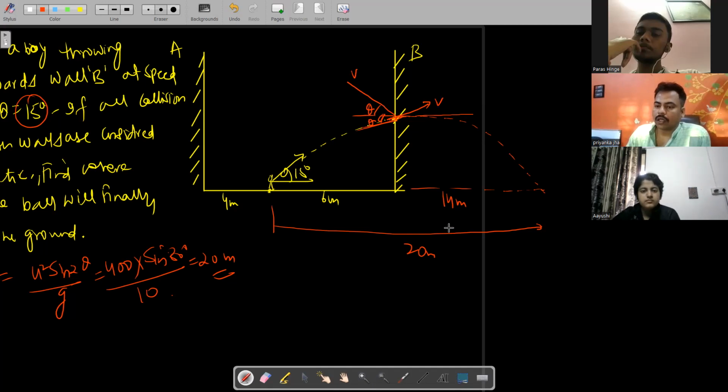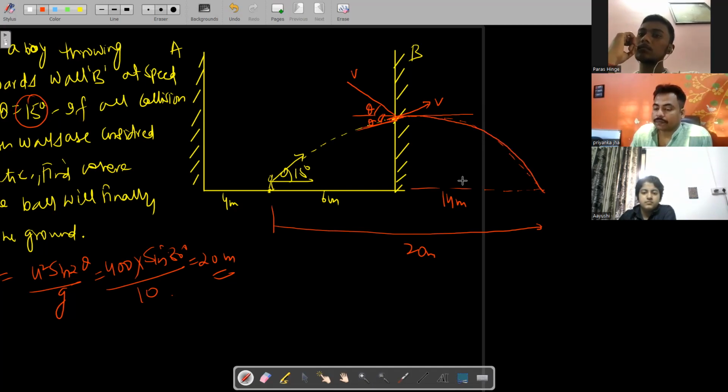Understood? Now you can think here that if everything is the same, then whatever path it will follow now will be a completely mirror image of this path. After striking this, it will follow a certain path, and that path will be completely the mirror image of this path.